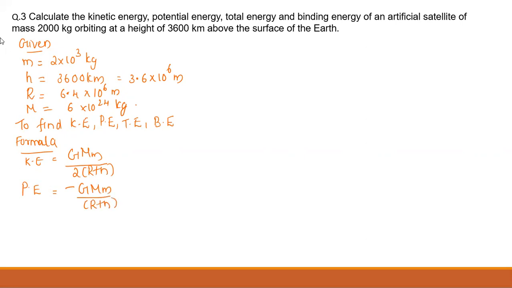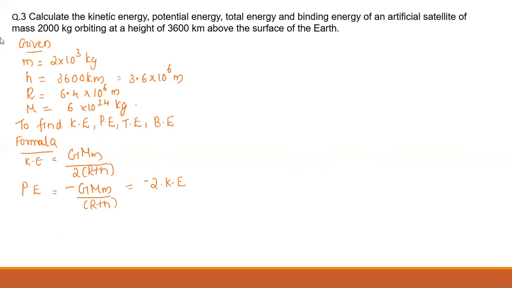Now just see these two formulas. Potential energy is minus GMm upon R plus H. Kinetic energy is GMm upon 2 into R plus H. So if you multiply kinetic energy with -2, we will get potential energy. So we can write it as -2 KE. That means if you multiply the kinetic energy with -2, you will get the potential energy.